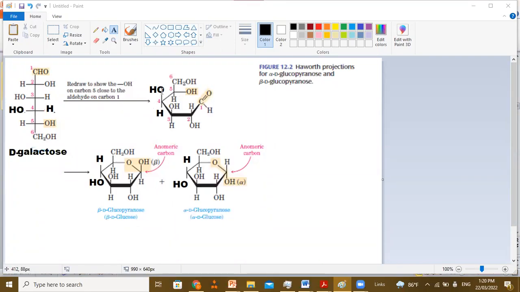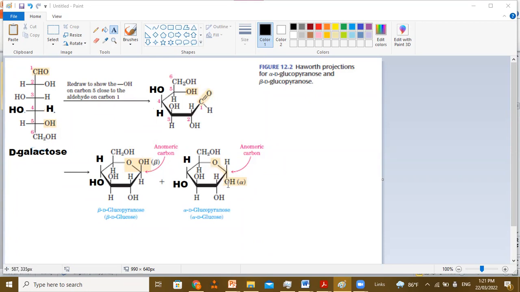Once you have already identified whether it's up or down, the fifth carbon OH doesn't matter now whether it's up or down, because the fifth one should be down, but it's going to form a hemiacetal. So you label that as 1. So you have your O. The fifth carbon having the OH is used to form a hemiacetal here, where you get your anomeric carbon, and the O is converted to an OH.